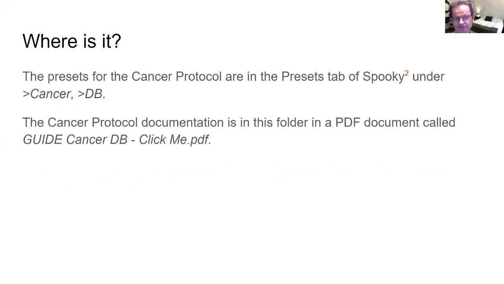Okay, Cancer DB. That's its location. It's in the cancer folder, and it's protocol DB. And there's also the README PDF, which is included in the software. If you've downloaded the software, you've got the PDF there, and refer back to it in a relaxed, objective way, and it will give you plenty of information.